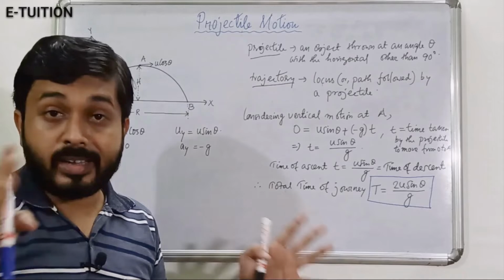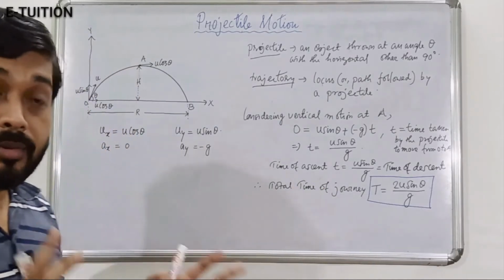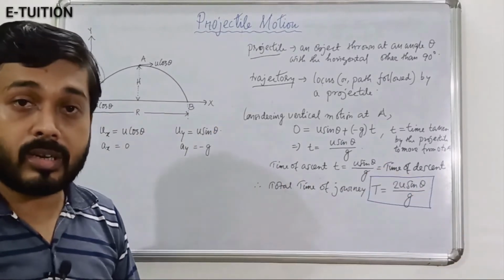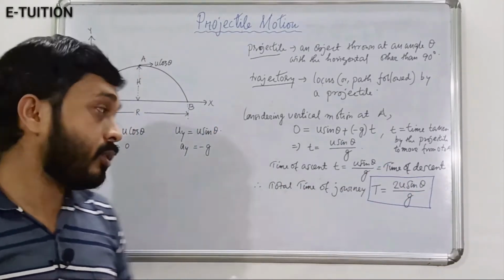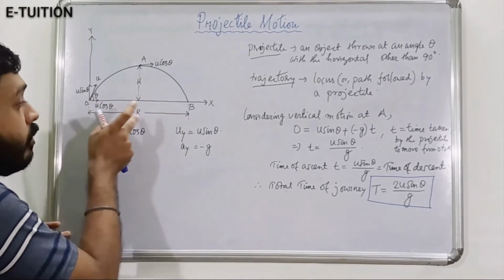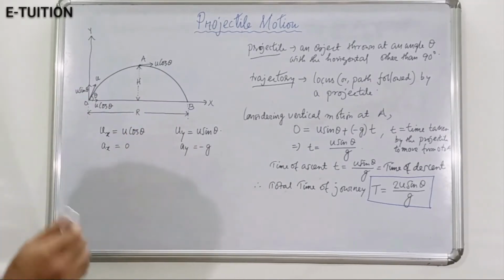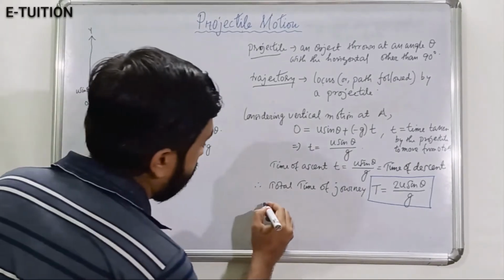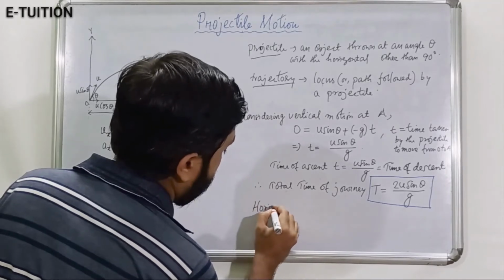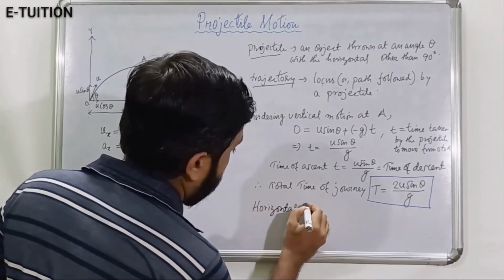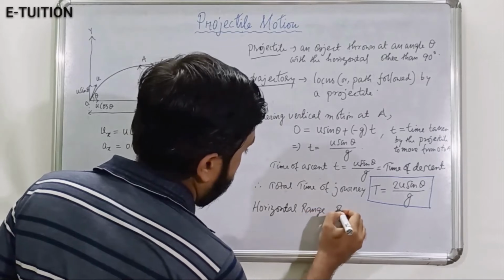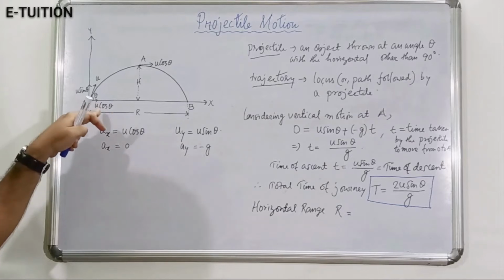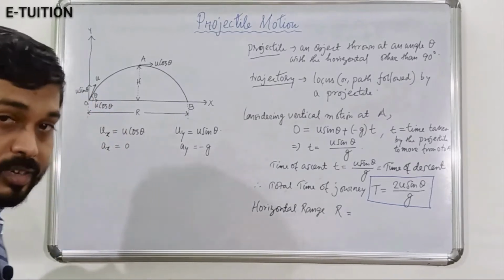After that, we need to find out the range, horizontal range. What is horizontal range? I've already marked in the figure, have a look, which is capital R. Horizontal range means the maximum horizontal distance which is covered by the projectile, which has been denoted by capital R. Capital R can be calculated by multiplying the horizontal component of velocity with the entire time of journey, isn't it?